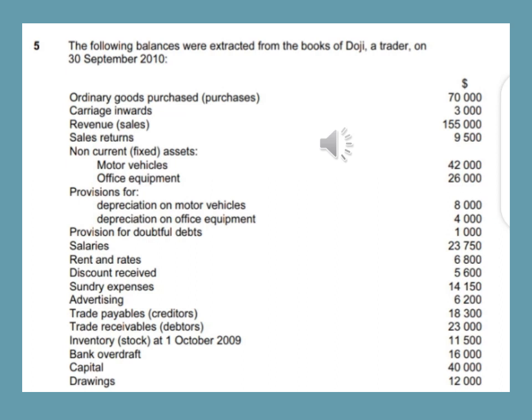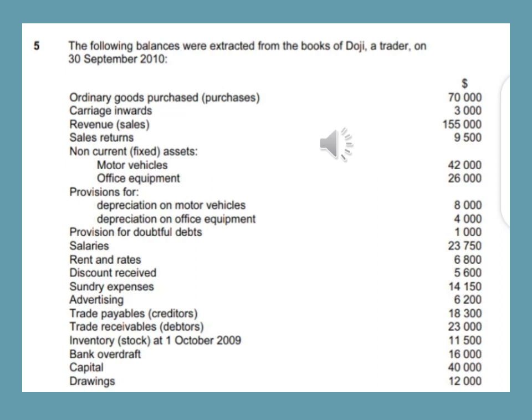Let us talk about all the different items that are there in the question. First, we can see ordinary goods purchase, that is purchases. However, there is something different written over here: ordinary goods purchase. That means goods purchased in the ordinary course of the business, the daily routine of the business. Carriage inwards, we know where it falls. It comes in the trading section of the income statement.